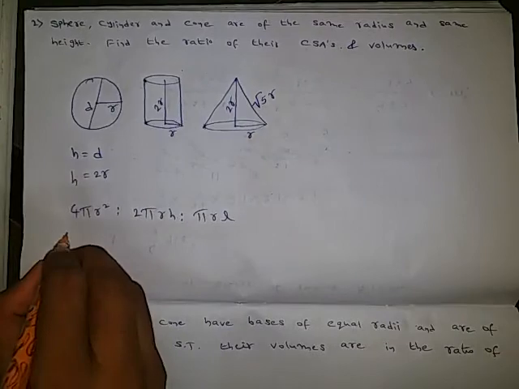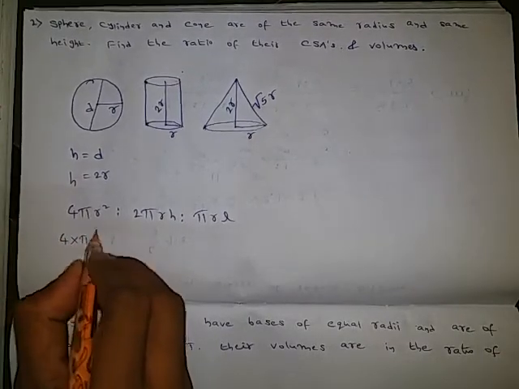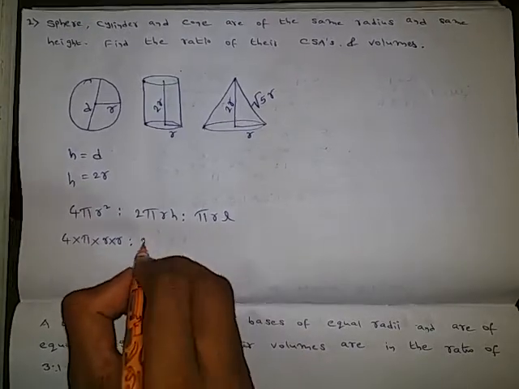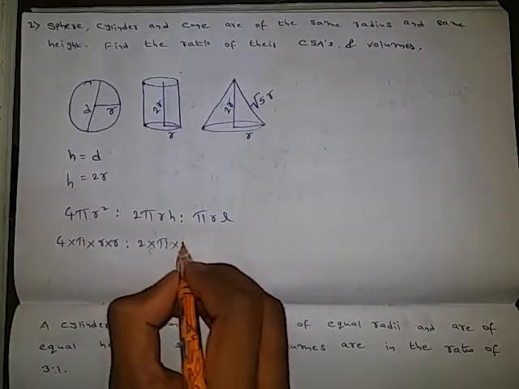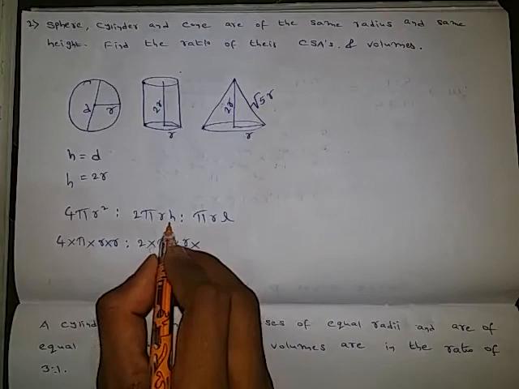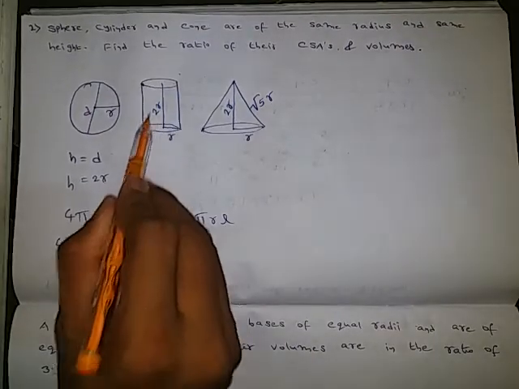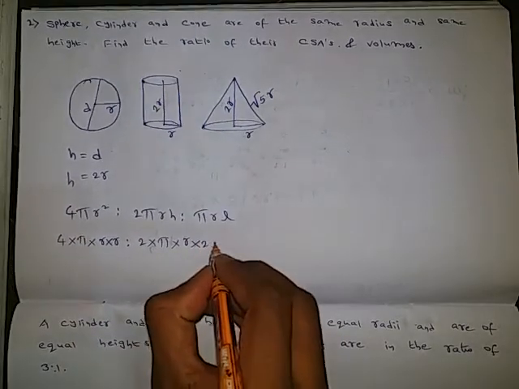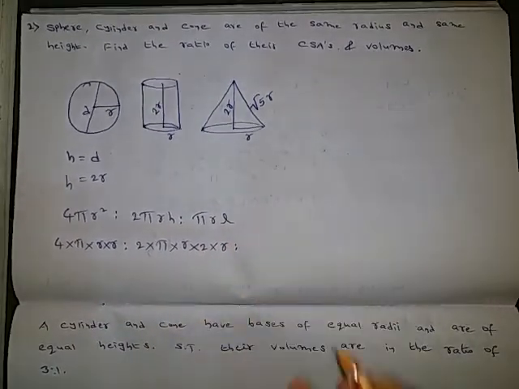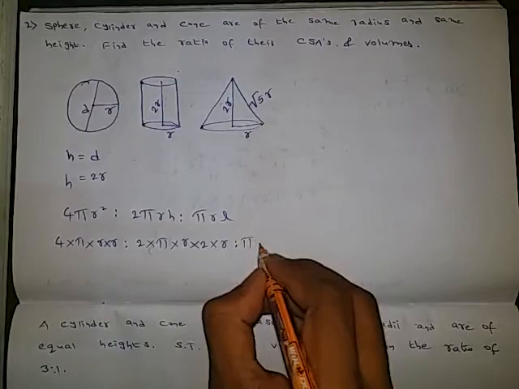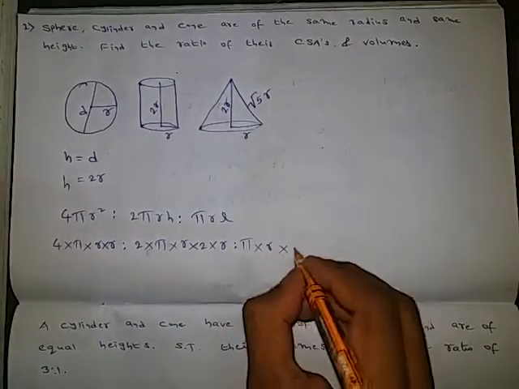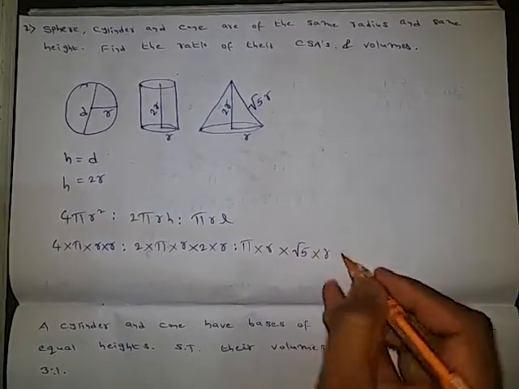So now let us substitute. 4 into pi into r square, I am writing it as r into r, is to 2 into pi into radius r as it is, height of the cylinder is 2r, this 2r I am writing as 2 into r, is to pi value as it is into radius r as it is into slant height root 5 into r.